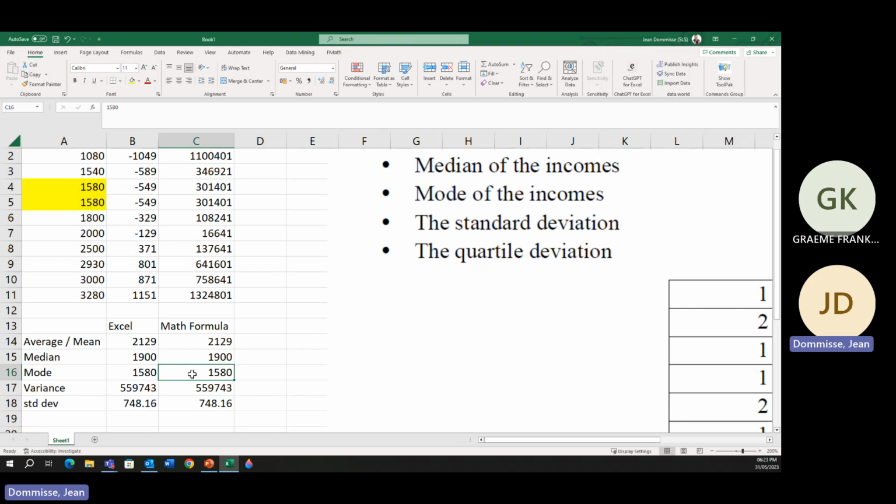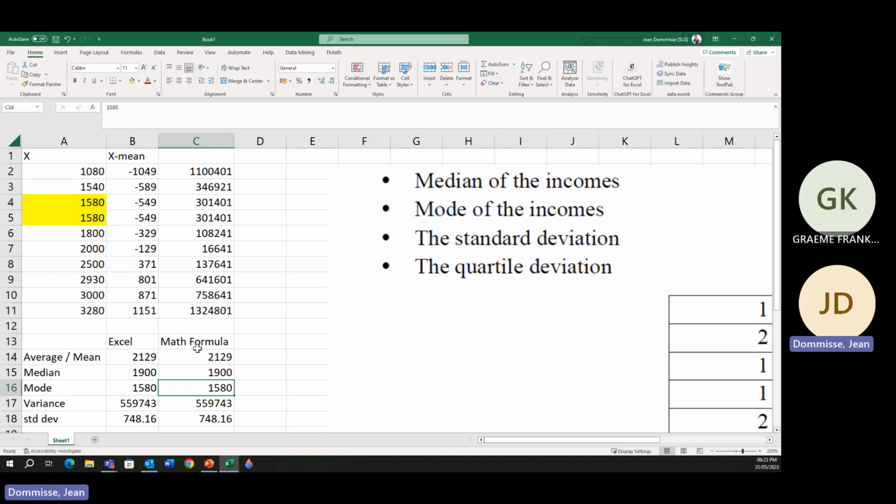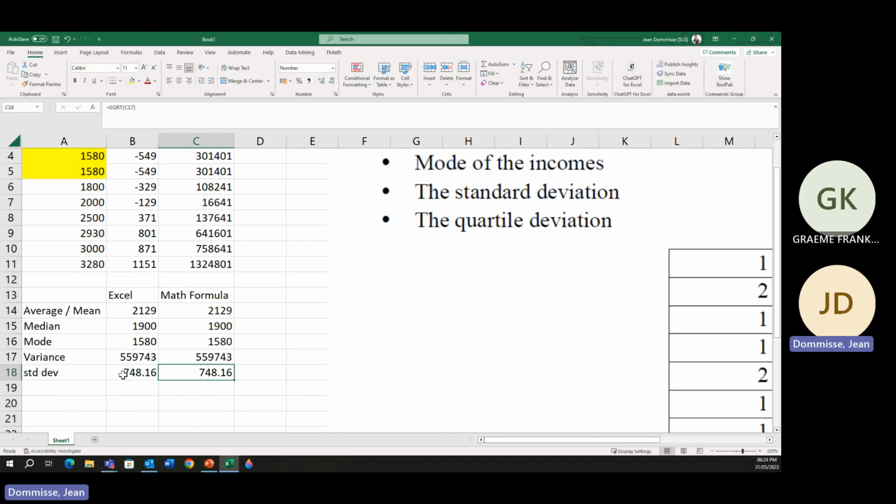The mode, you look at the one that happens the most. Variance, we've calculated both with the Excel and with the formula exactly the same. And then standard deviation with the formula, and if we square root it, we get the same values as well.